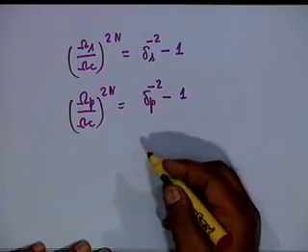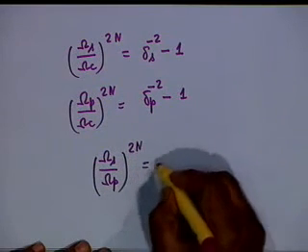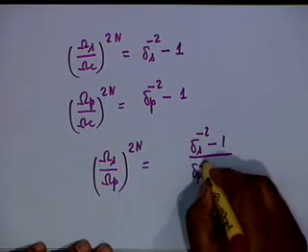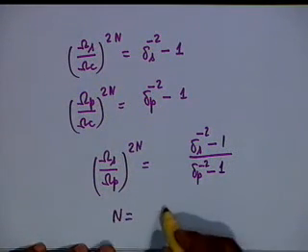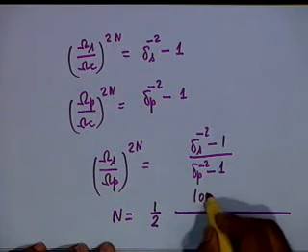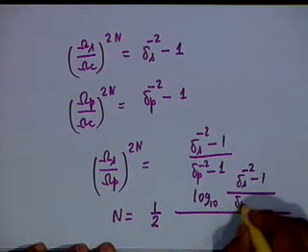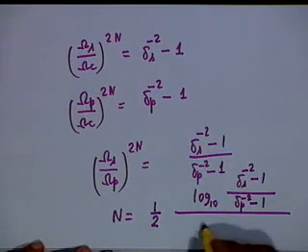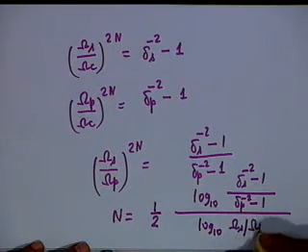And now we take the ratio, that is omega s divided by omega p to the power 2n is equal to delta s to the minus 2 minus 1 divided by delta p to the minus 2 minus 1, and therefore capital N shall be half log 10 of delta s to the minus 2 minus 1 over delta p to the minus 2 minus 1, divided by log 10 of omega s divided by omega p.